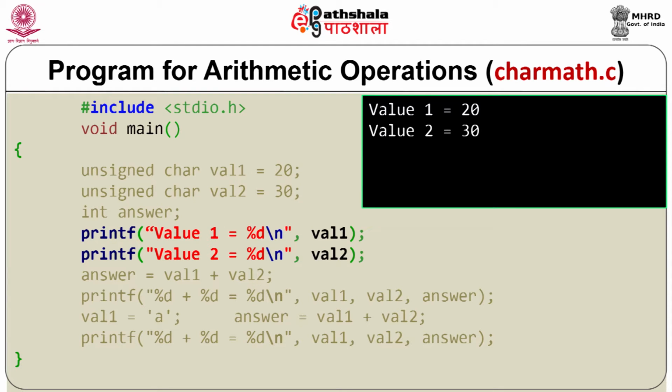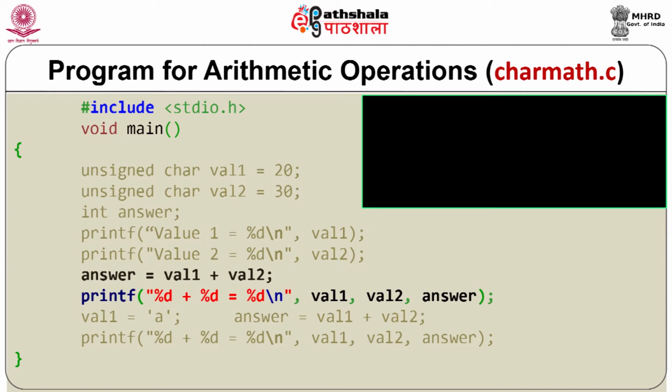You can see on the right side value 1 is displayed as 20 and value 2 is displayed as 30. Now I want to perform some operation on this. So you can see answer equal to value 1 plus value 2. I am trying to add the value of value 1 and value 2, that is 20 plus 30, and the answer is 50, and that number 50 I would like to display on the screen, and therefore I am using a printf statement.